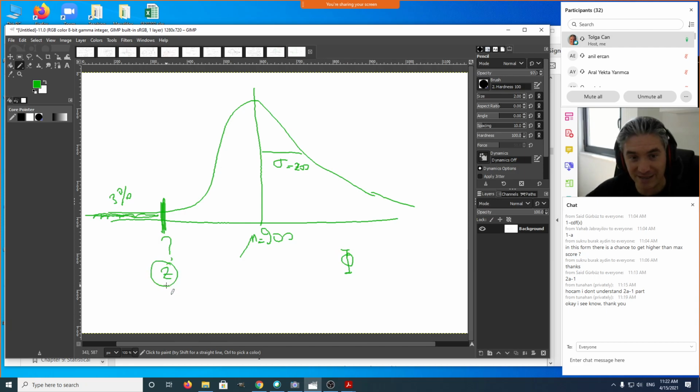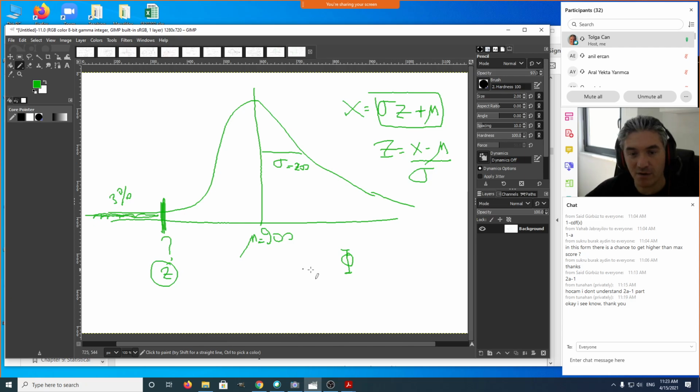And if you find that z-score, you can also get back to the original variable by multiplying that z-score with the standard deviation and adding mu to that. So this is how you get back to x. If z is equal to x minus mu divided by standard deviation, then x is equal to z times standard deviation plus mu.